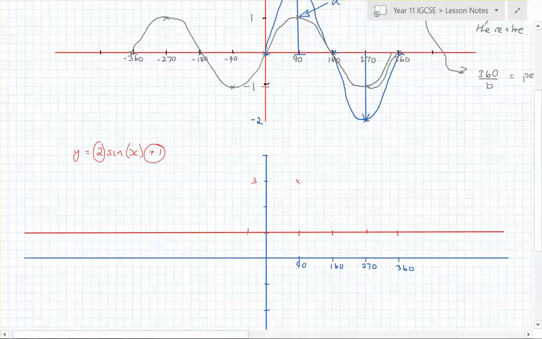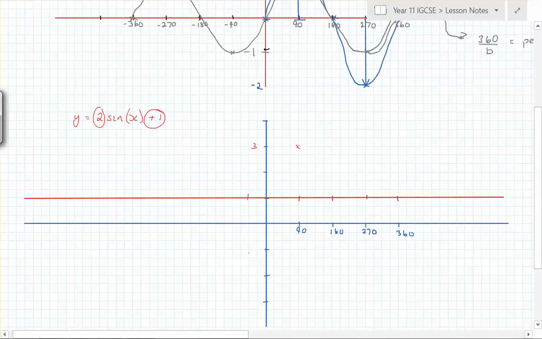No. Where does the minimum go to? Minus 1, because everything shifts up. So we go to minus 1. So the minimum values will be 270 still, and the zeros are no longer on the axis, they're on the new centre line. So 0 there, sorry, there and there. So now my curve looks like this.